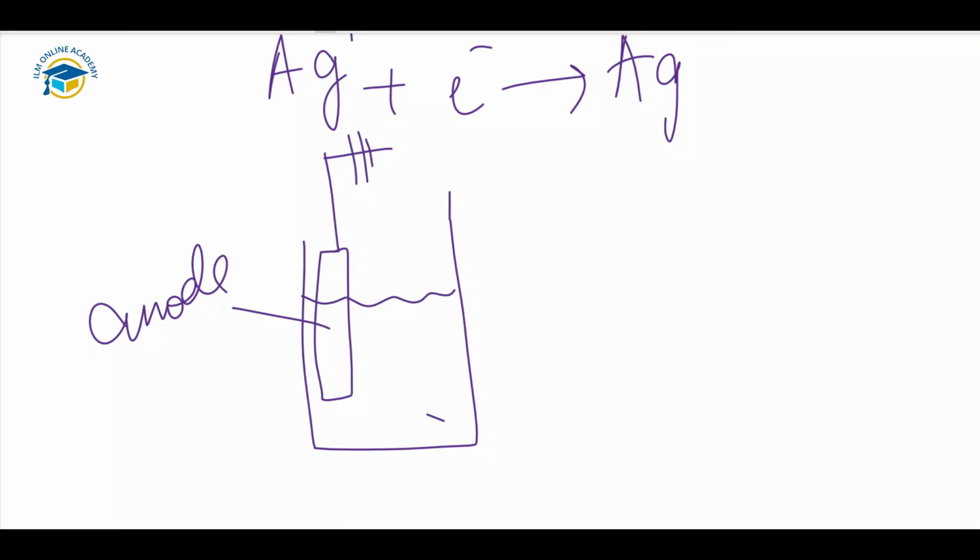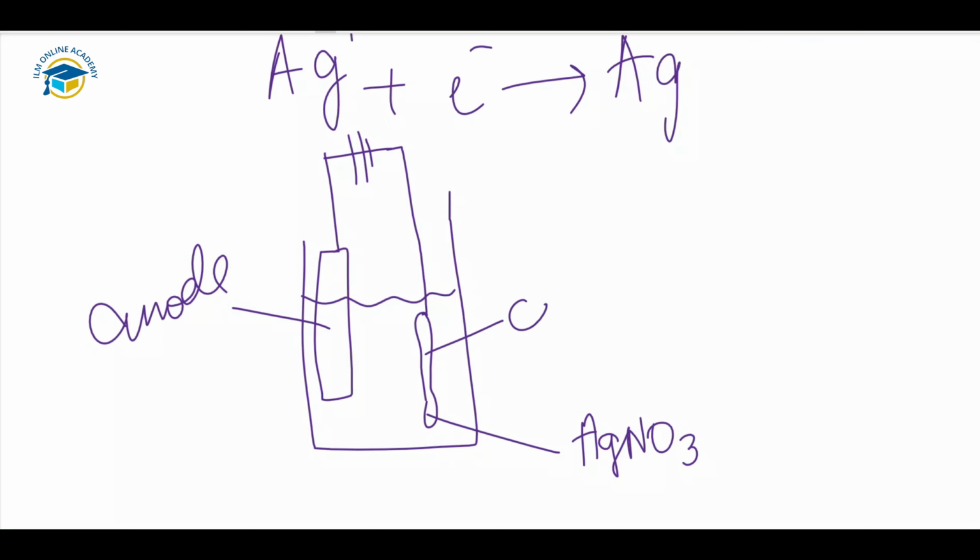We have a solution of silver nitrate, though any silver salt can be used, and we have the metal object. This is the metal spoon that acts as the cathode because it is to be electroplated.